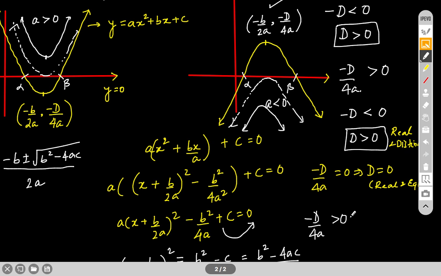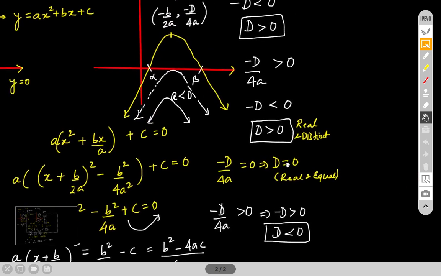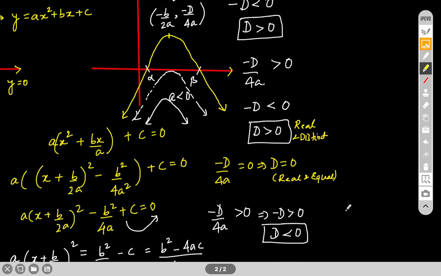Let's go step by step. Let's take the first situation when your a is positive. So this means minus D should be greater than 0. That means D should be less than 0. In the other scenario, minus D by 4a should be negative. Now since 4a is negative, if I multiply with 4a on both sides, it will switch sign.